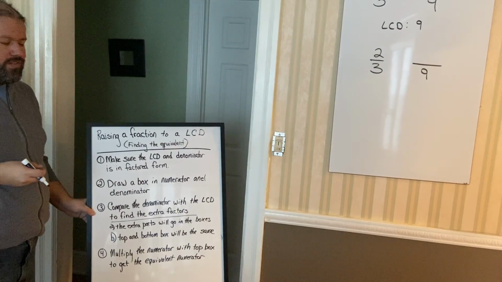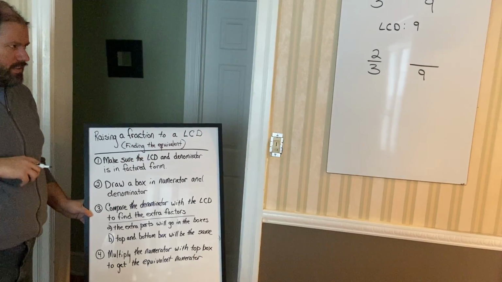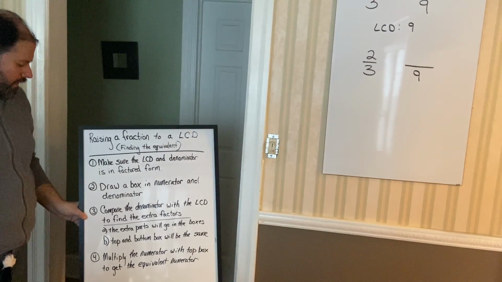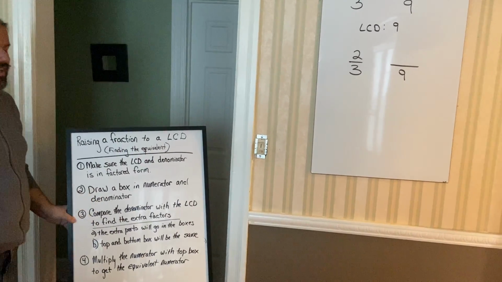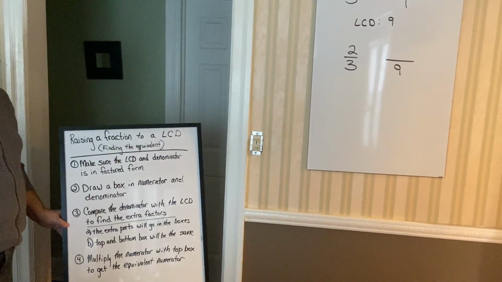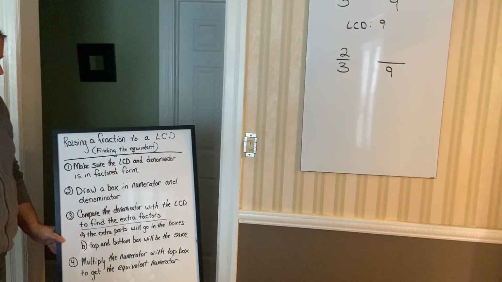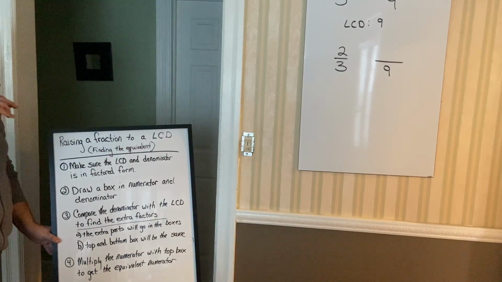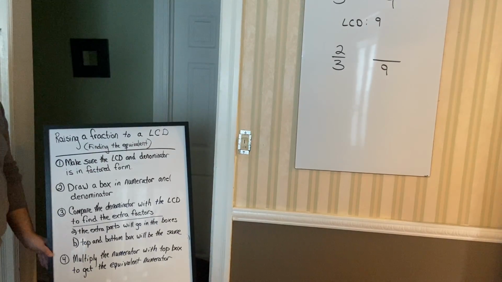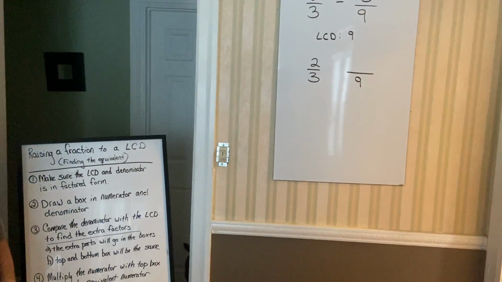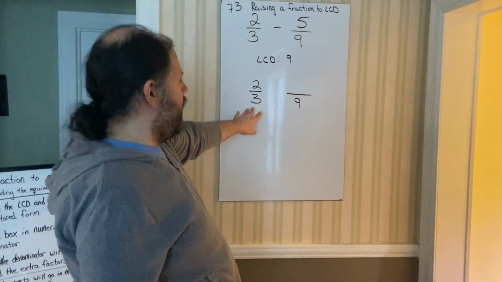When I compare the two denominators, the LCD and the original denominator, I want to see what the extra pieces are. Those extra factors go into the box, and then you multiply the top box with the numerator to find your equivalent fraction.